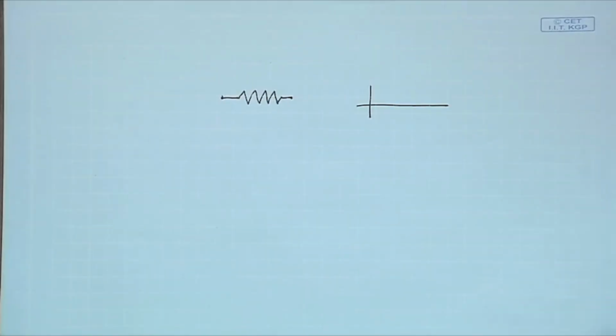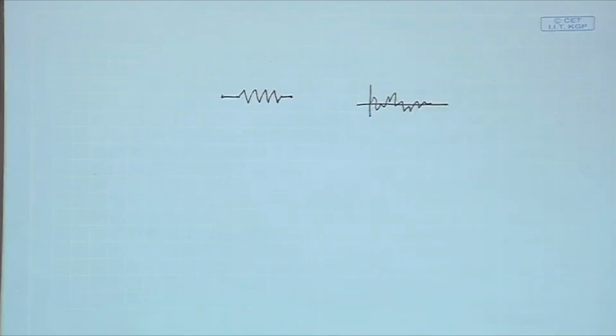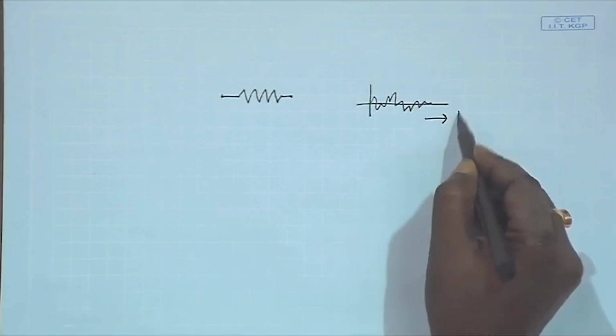And that net current is completely random, because you never know how the net flow of overall electron density will be accounted, as it is all random motion. So, what will you see if you look at the current against that resistance? You will see something like this: a very low amplitude of current which is randomly varying over time.